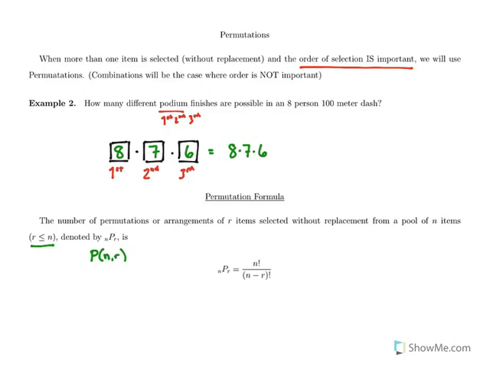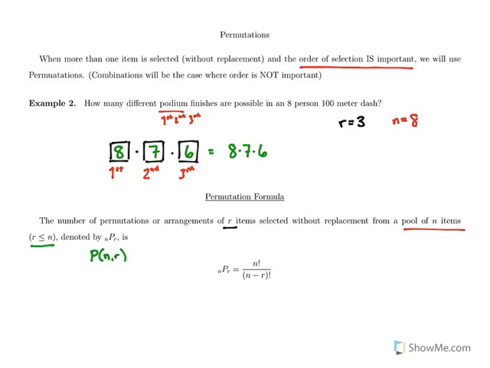So here in our first example, we had a permutation or arrangement of 3 items. We want to arrange the top 3 finishers, and the order is important. There is a pool of 8 people that we are choosing from. 8 people total, and we're choosing 3, and the order is important there.